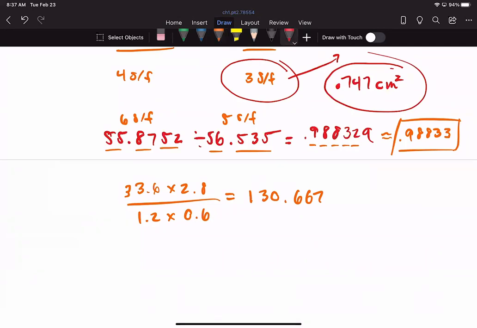Here, this is 3 significant figures, 2 significant figures, 2 significant figures, 1 significant figure. Well, now what I have to do is round this value to simply 1 significant figure, and it's 100.